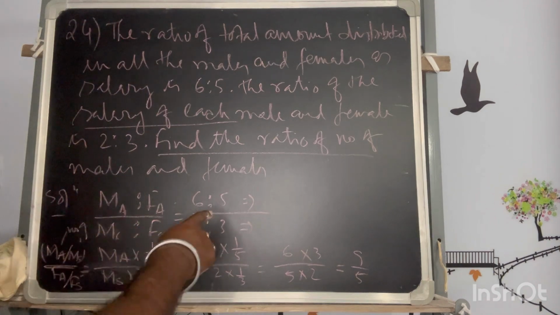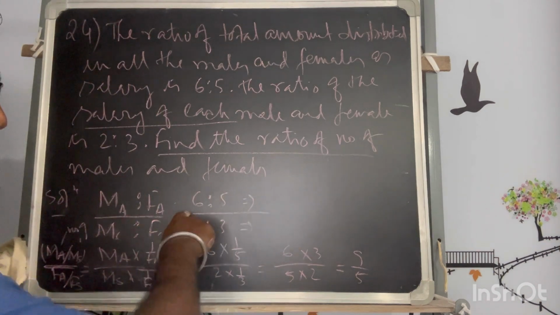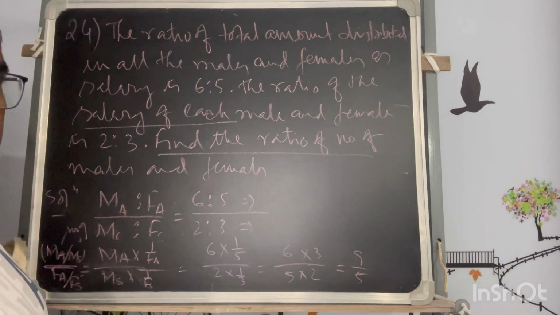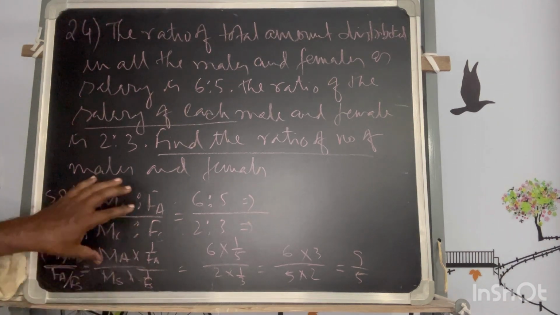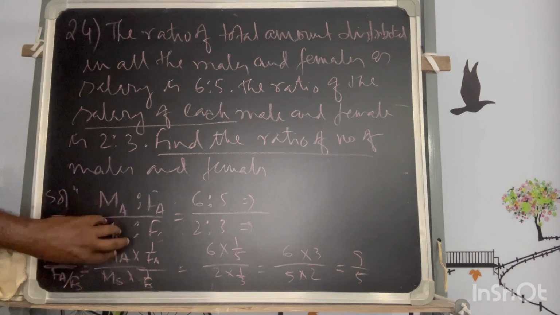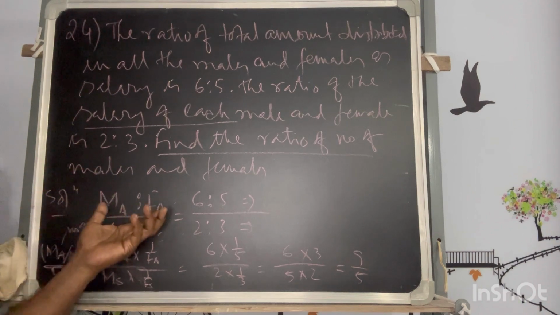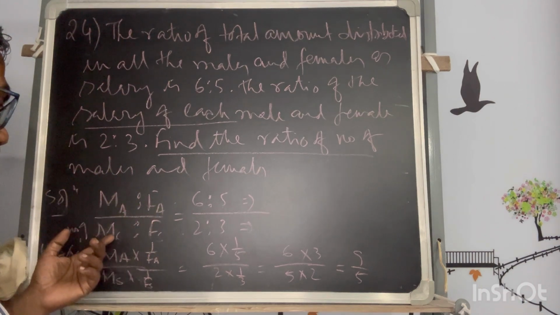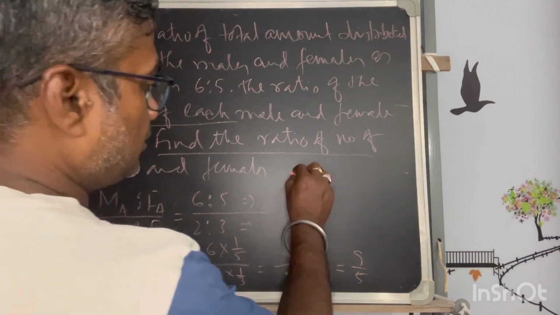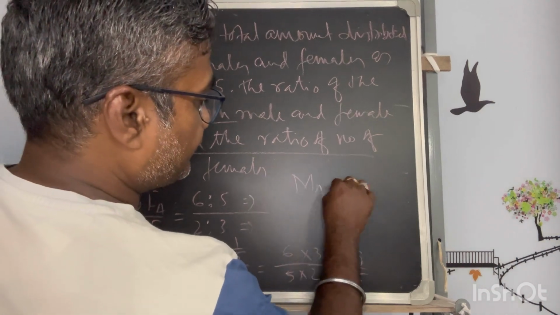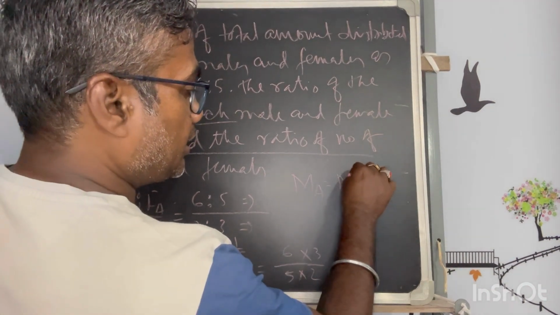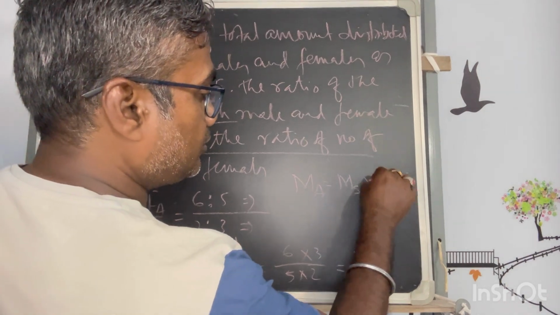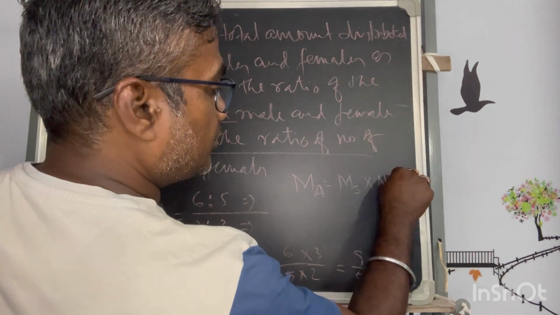So without taking another multiplication factor for this case and doing the calculation, this automatically says that if we have the sum divided by each, I will get the average. So this is the number of male, because the amount received by all males is equal to the amount received by each male into the number of male.